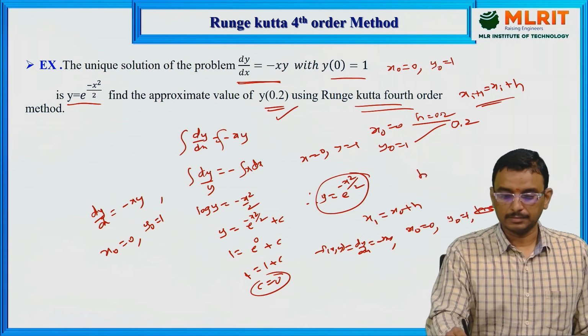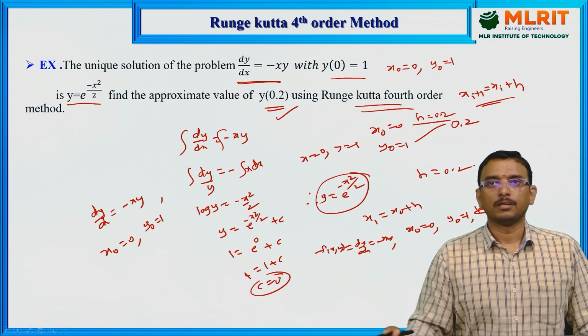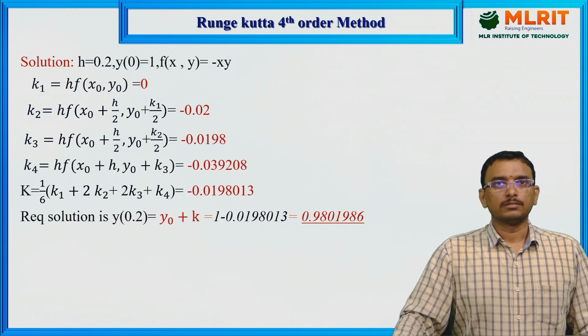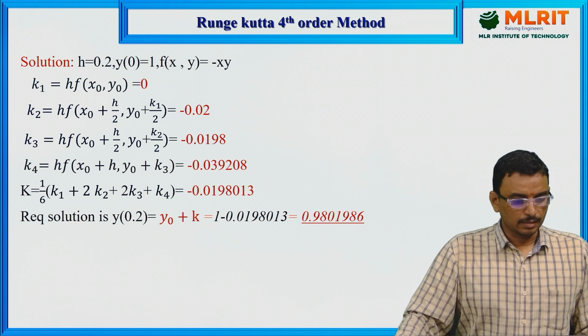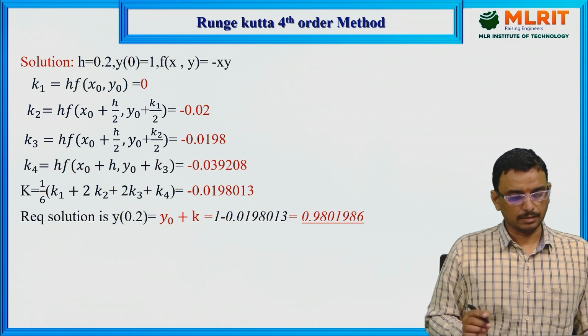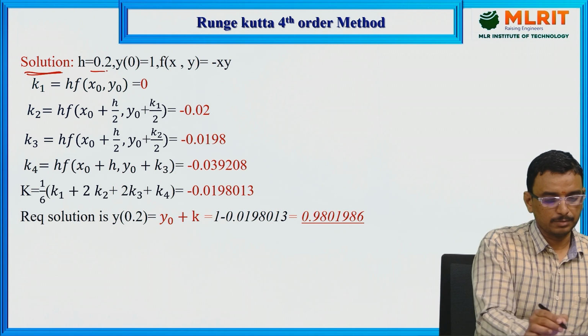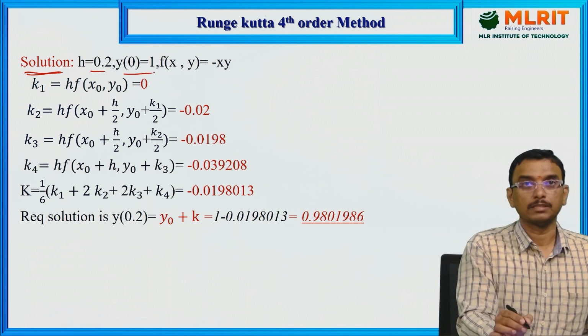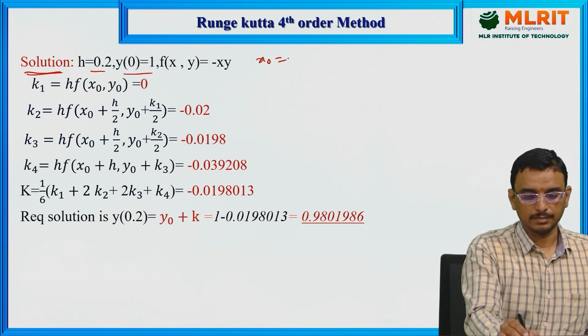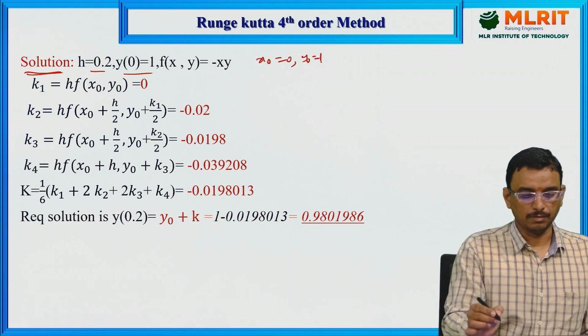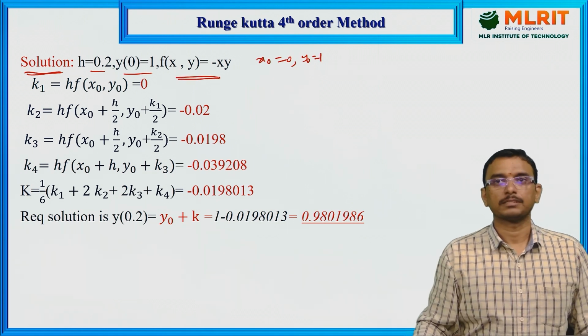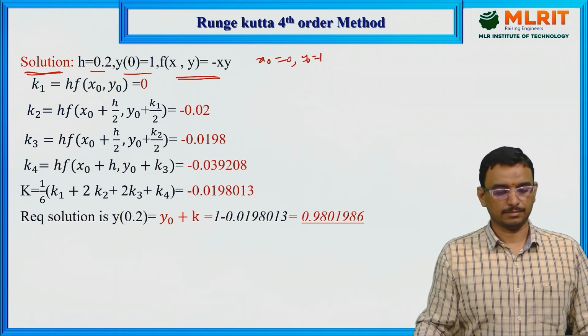Now we can calculate the numerical solution using the Runge Kutta fourth order method. So here h is given 0.2 and y of 0 is equal to 1, the initial condition, x0 is 0, y0 is 1, and the function f of x comma y is equal to minus xy.